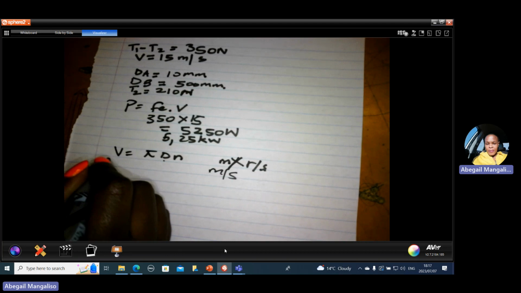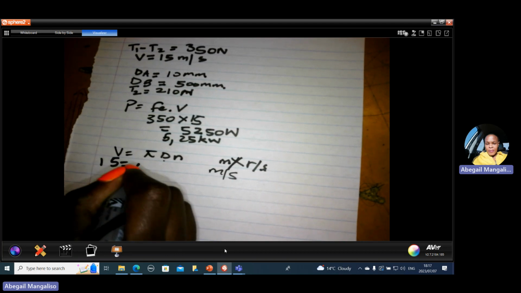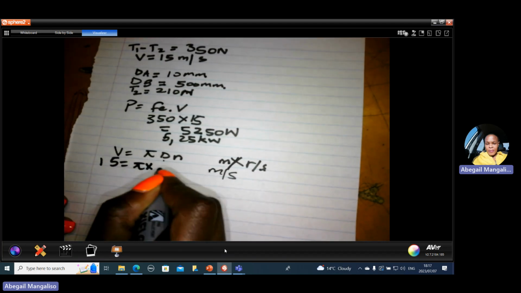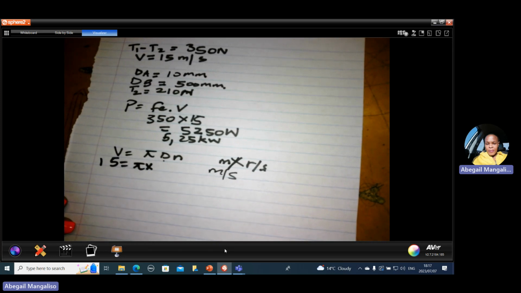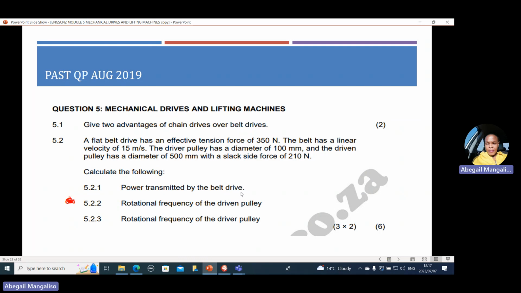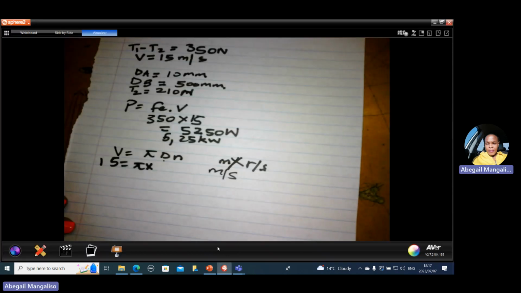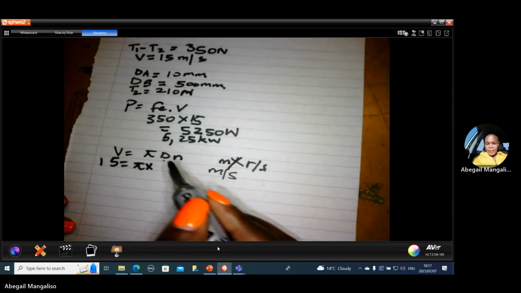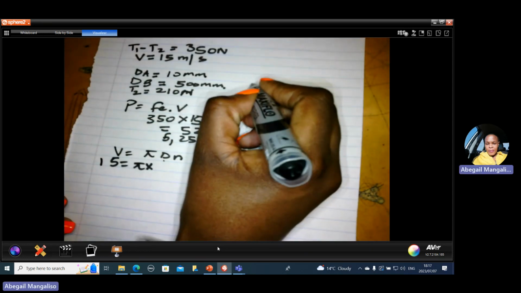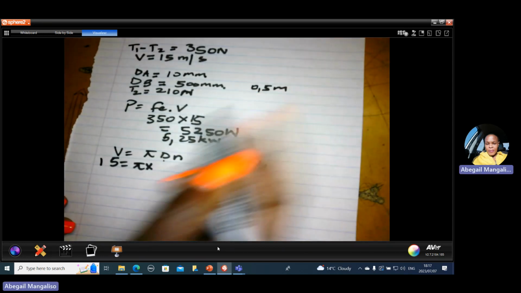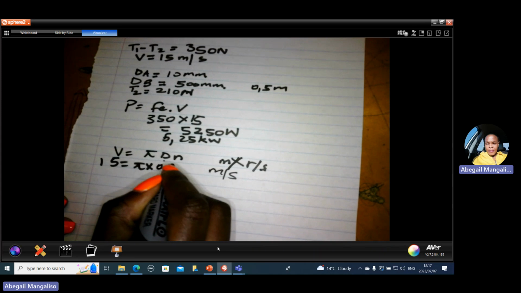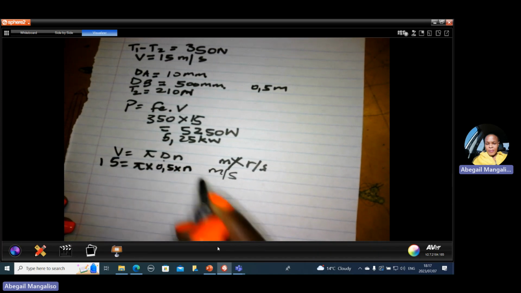Velocity is already given as 15, equal to pi multiplied by the diameter. We are looking for the rotational frequency of which pulley? Of the driven pulley. So we're going to use the diameter of the driven, which is 500. But this diameter must be in meters, so it will be 0.5 meters. 0.5 multiplied by n.